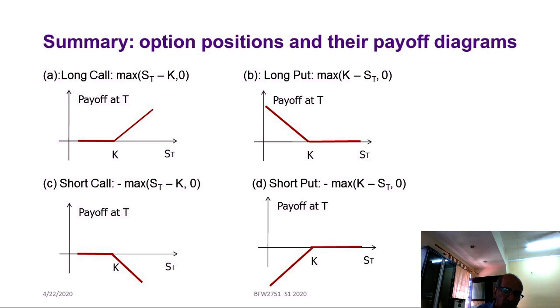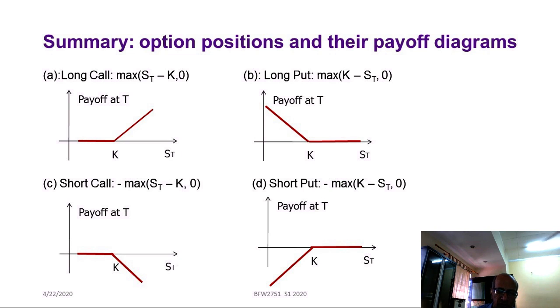Okay, so part C shows you what happens to the writer's position. You look at it, it's a mirror effect of the long call. This is a short call. For a short call, the writer doesn't make any loss until the ST is above K. The minute the ST goes above K, he has to start worrying about paying off the profits which the long call makes.